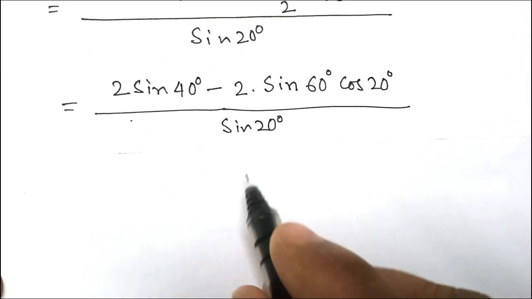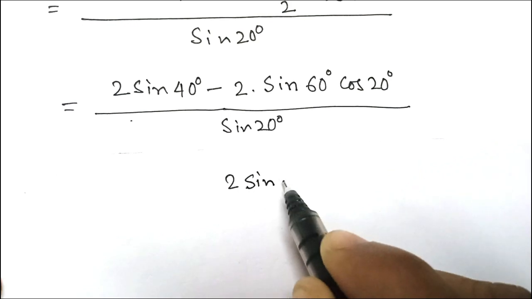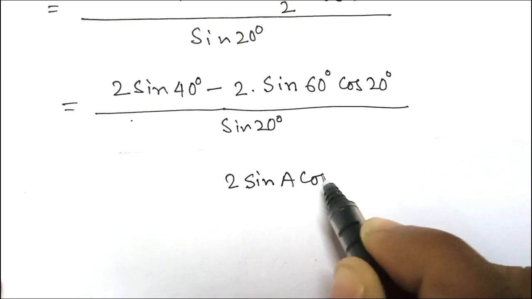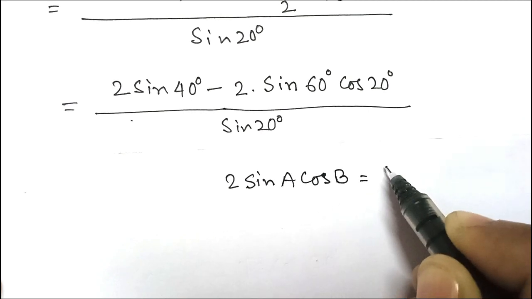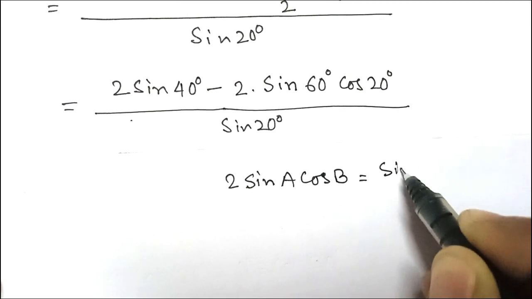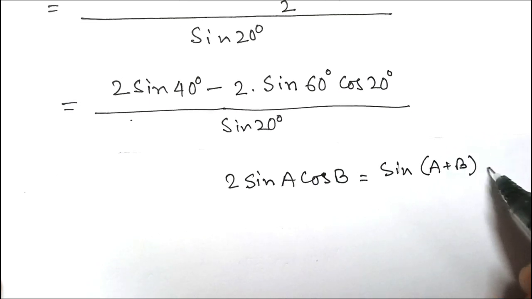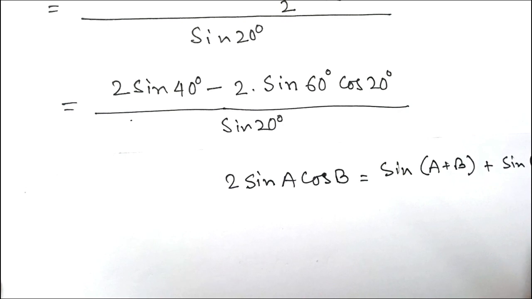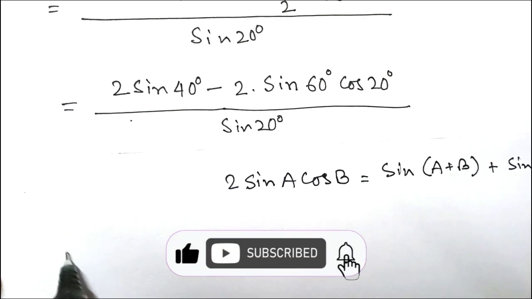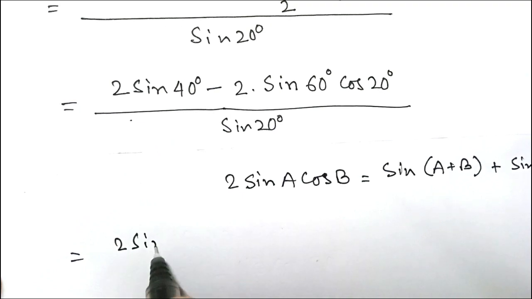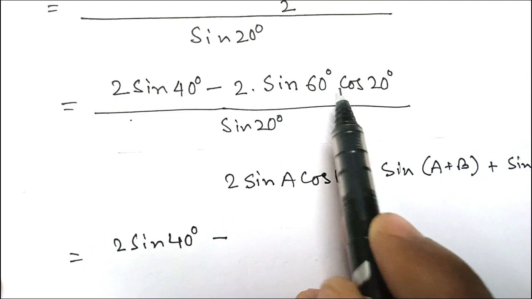Now we have an identity that 2 sin A cos B is equal to sin A plus B plus sin A minus B. So we will apply this identity here, and it will be 2 sin 40 as it is, minus 2 sin 60 cos 20.